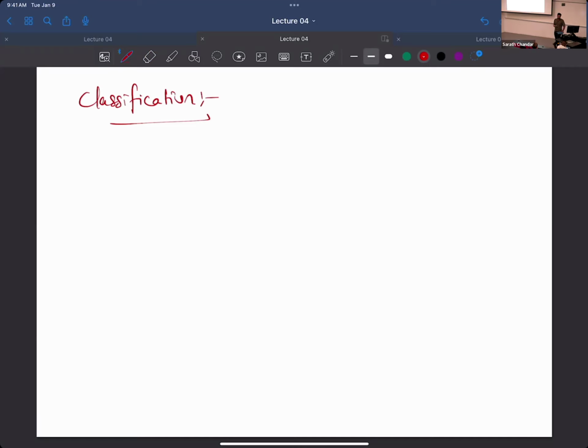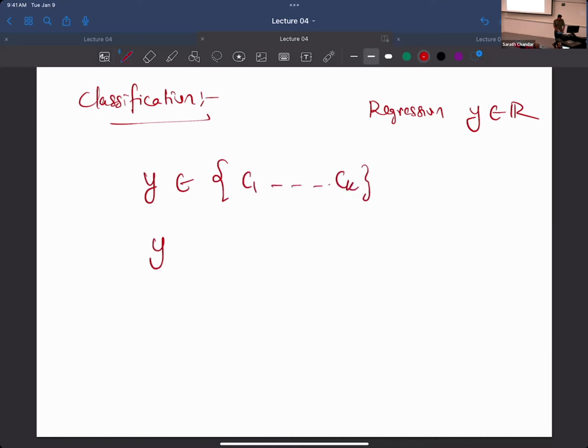Now, to have a quick recap, in regression, typically Y belongs to R. In classification, your Y belongs to a set of classes. The simplest form of classification is when y is either 0 or 1, or just yes or no. We call these binary classification problems.